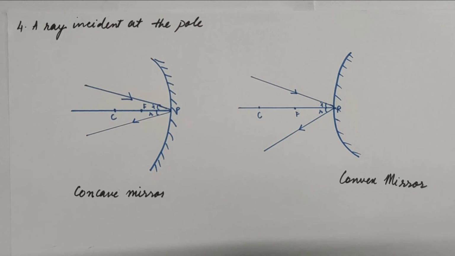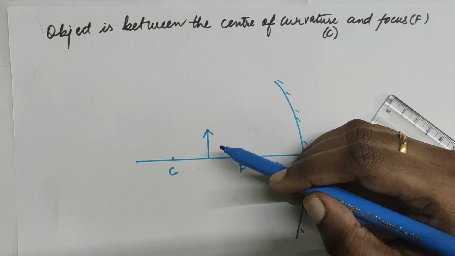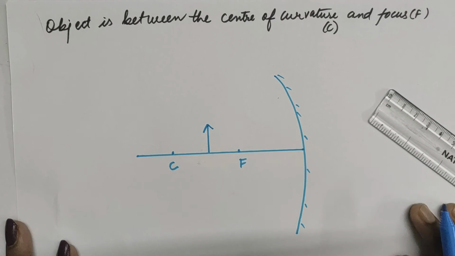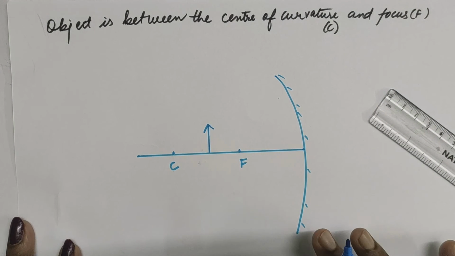Now, using these laws, we are going to show you an example of how the ray diagram is actually formed. Suppose the question says that the object is between the center of curvature and the focus. So how are we going to represent it? Just remember that when you draw the mirror, this is a concave mirror.